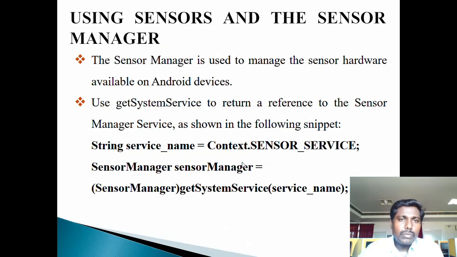The next one: using the sensors, how are we going to manage the sensor in Android coding? That is what is given in this slide. The sensor manager is used to manage the sensor hardware available on different Android devices, using the getSystemService method. It returns the reference to the sensor manager service.